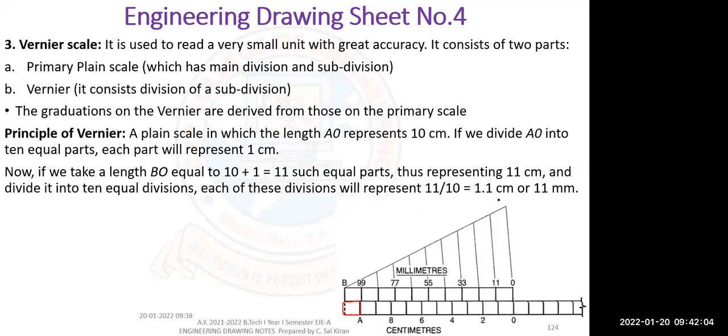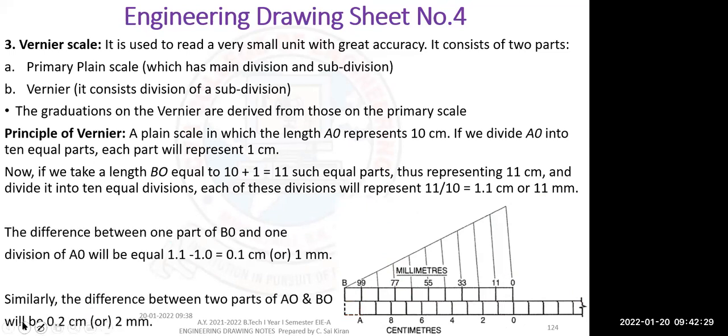Each one becomes 1.1 centimeter. Suppose I want to measure 0.77, similarly as I have shown. I will highlight this 0.77 from this side. So here to here it is 0.77. And from here I can highlight 1.4. So the total 1.7 will become the value. Okay. That is the Vernier scale we use here.